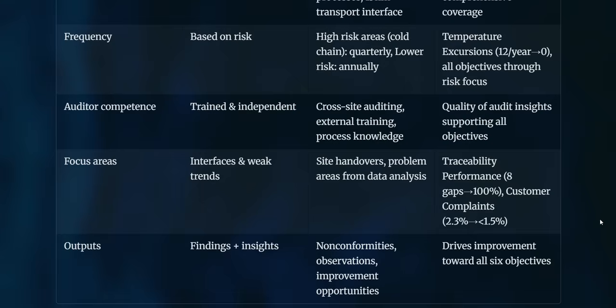We have explained this in detail in our previous modules. The objective support here with our focus area of audit includes traceability performance improvement to eliminate 8 gaps and customer complaints reduction. The fifth element, or the final element for our audit, is the outputs of the audit.